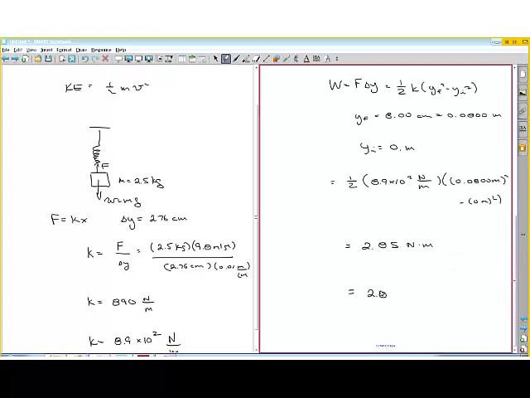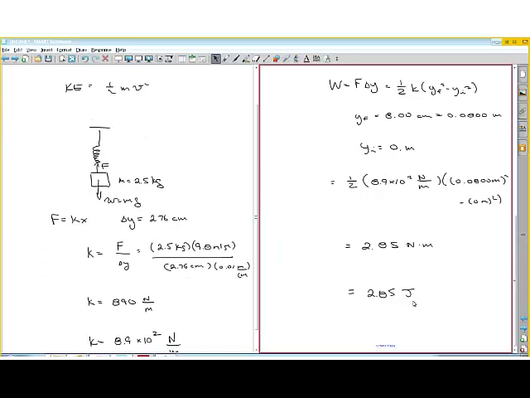And a Newton meter is a joule, so we get 2.85 joules. Okay, so let's stop here. Okay, so I've checked it, and that is the correct answer. So that's what we're using, work energy, in this case the spring potential energy, to calculate the work.